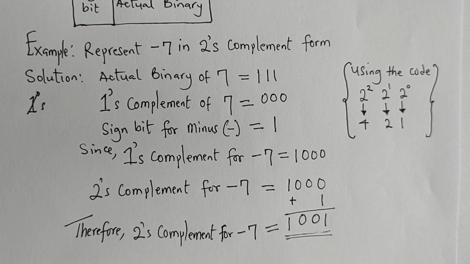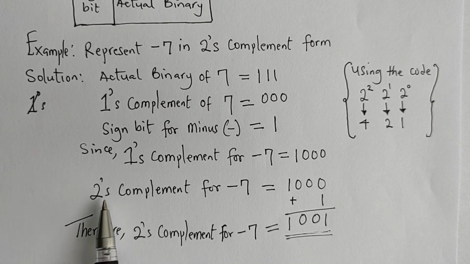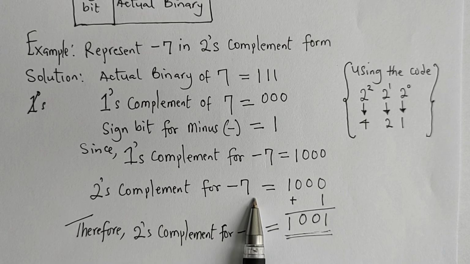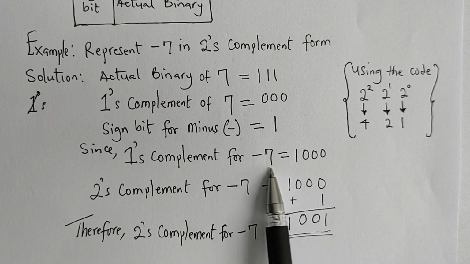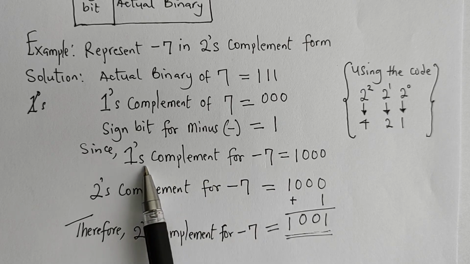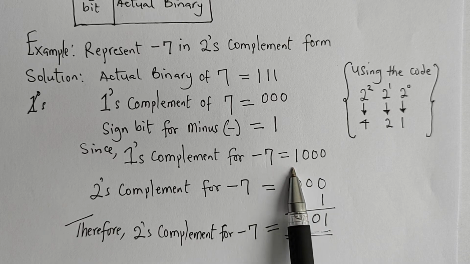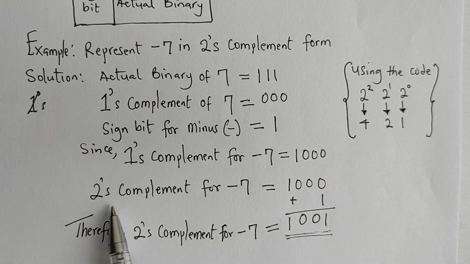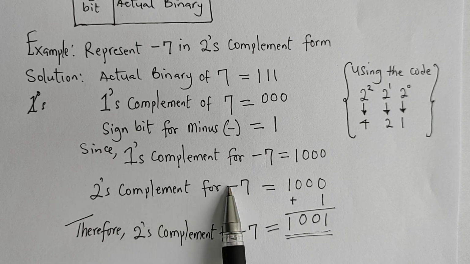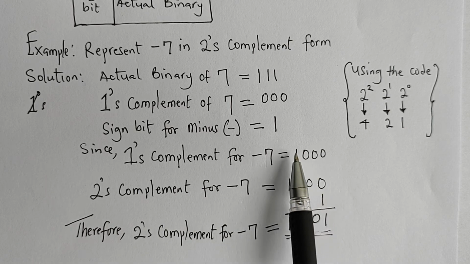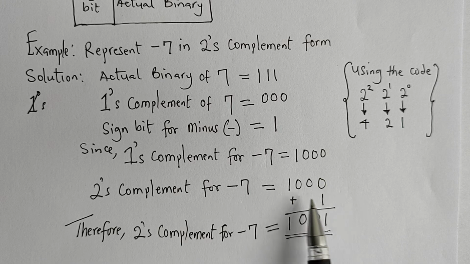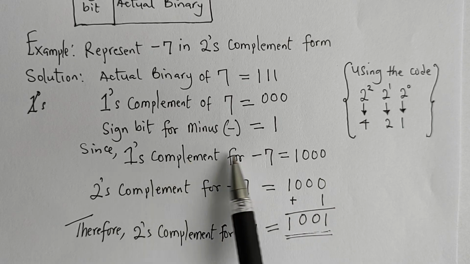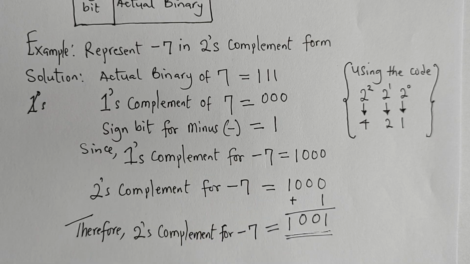Alright, so let's go to the main part, which is to obtain the 2's complement form of -7. Since what we derived as the 1's complement of -7 is 1, 0, 0, 0, in order to obtain the 2's complement of -7, it's going to be the 1's complement plus 1. It means that we're going to add 1 to the 1's complement that we have obtained. That is the rule.